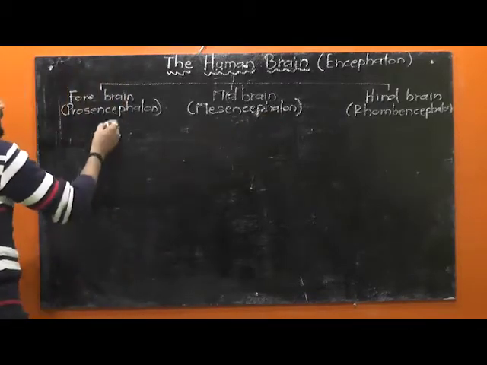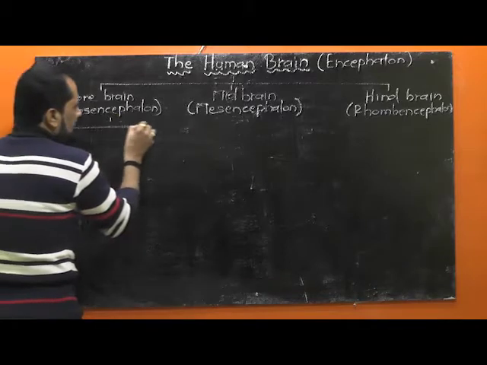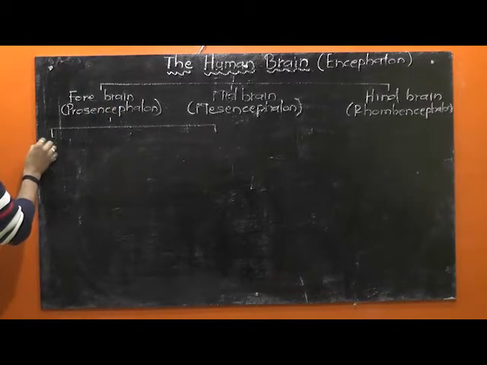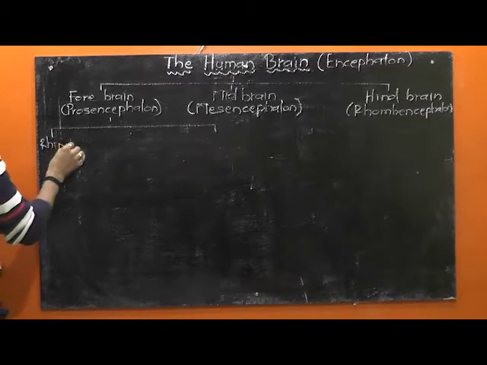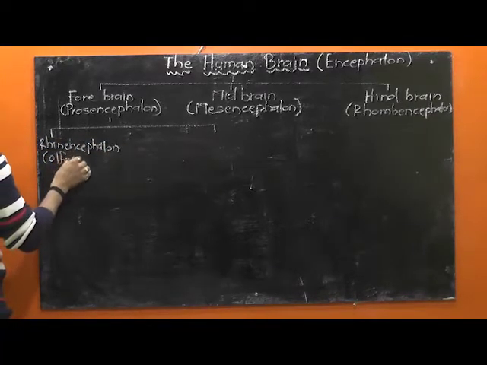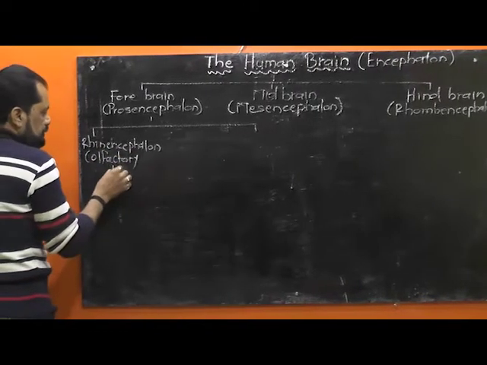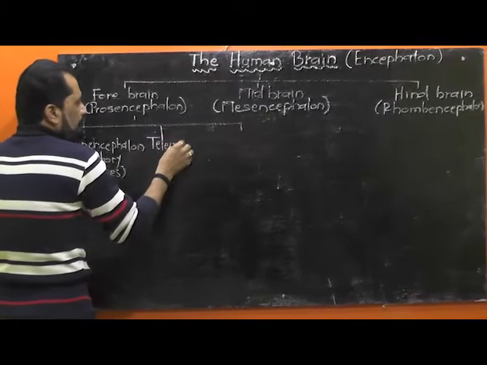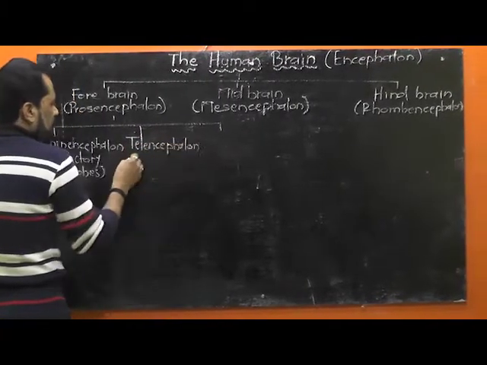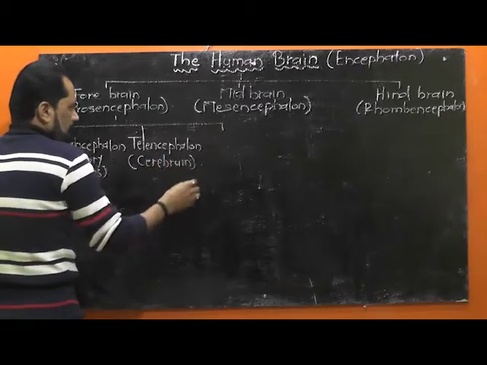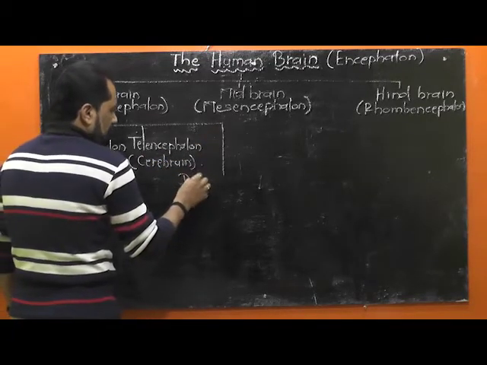The forebrain is further divided into three parts such as rhinencephalon, that is nothing but the olfactory lobes, telencephalon, that is cerebrum, and diencephalon.